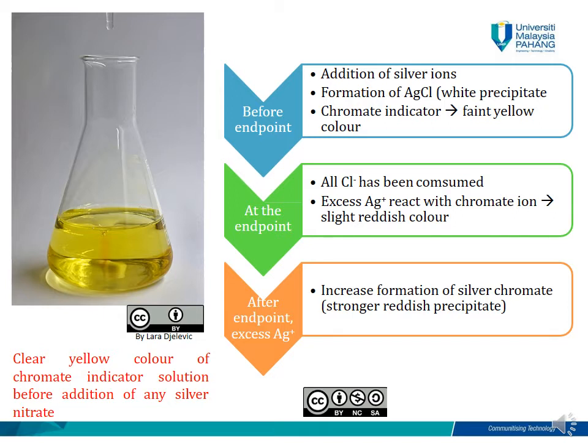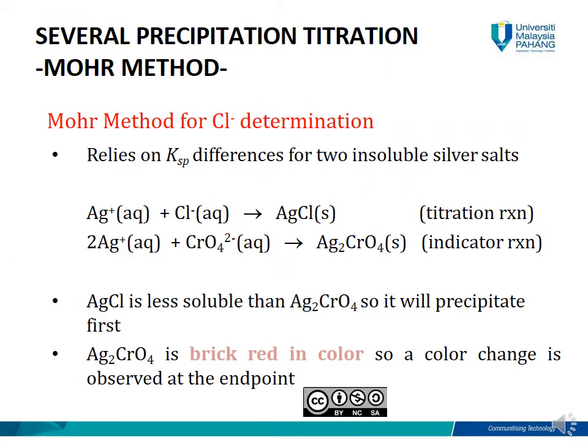As for your information, chromate indicator is a faint yellow color, as you can see in the slide. This is the clear yellow color of the chromate indicator solution, and from this yellow it will become reddish. Now, in order to determine your analyte, in this case the chloride ion in your sample, you implement the Mohr method.